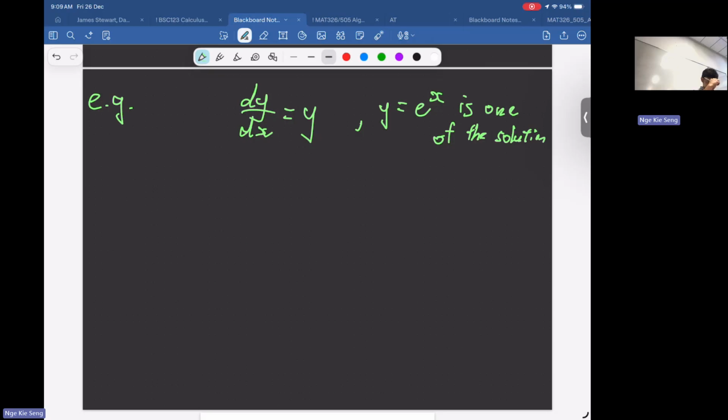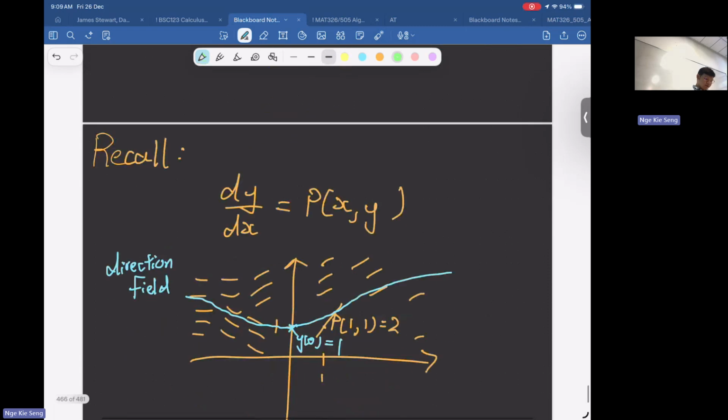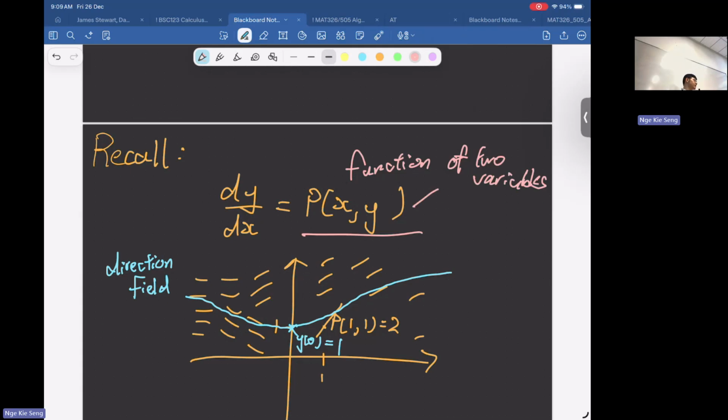If you look at this dy over dx as a direction field, what I secretly use here is actually a function of two variables. This is something you haven't learned before. We are secretly using this: now the input has two numbers, and the output is one number.